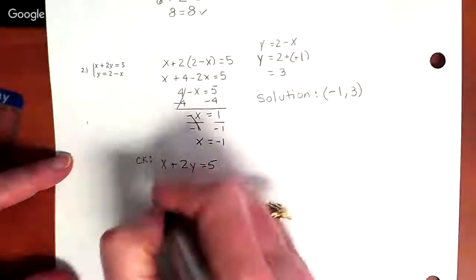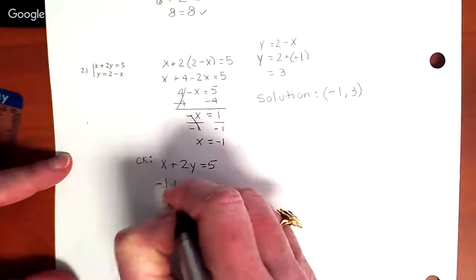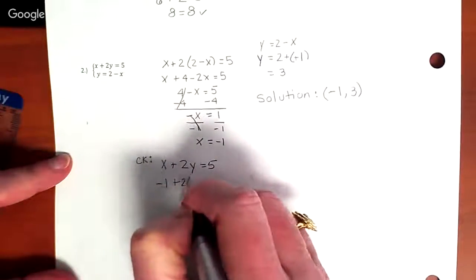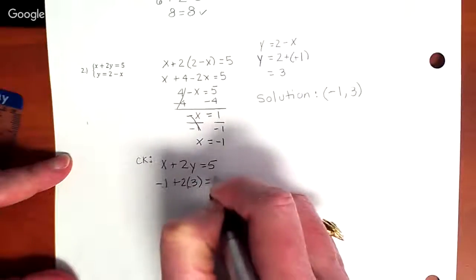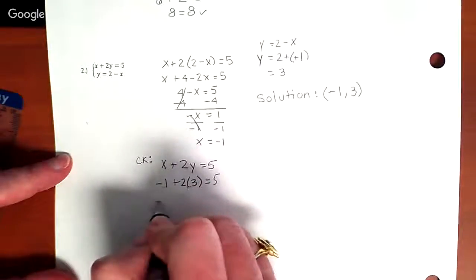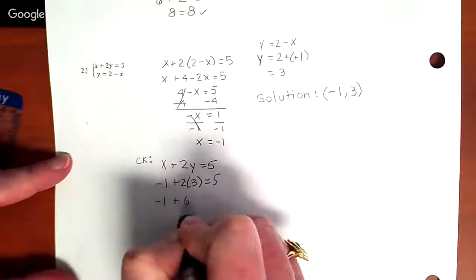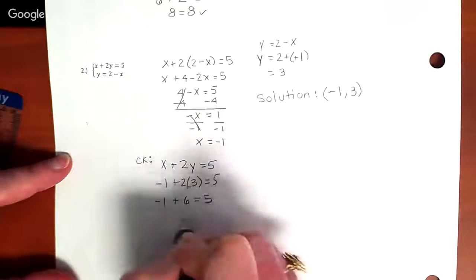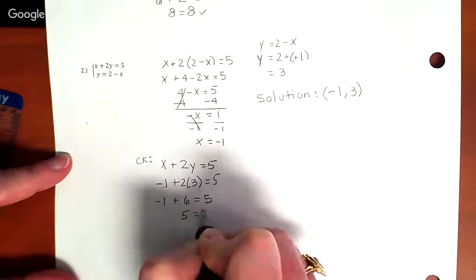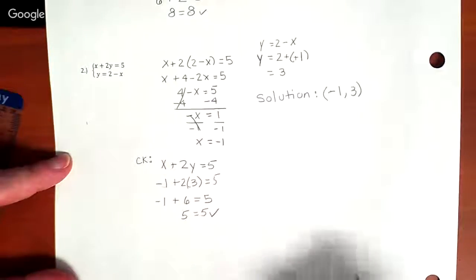So I have negative 1 plus 2 times 3 equals 5. So I have negative 1 plus 6 equals 5, and 5 equals 5. So that checks.